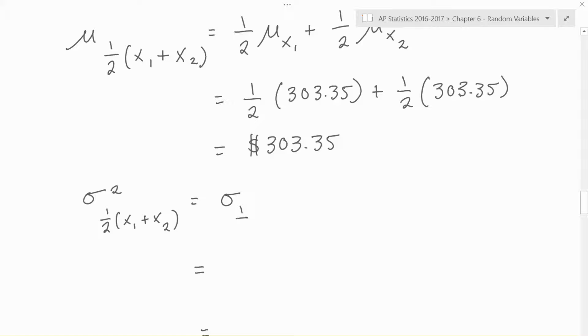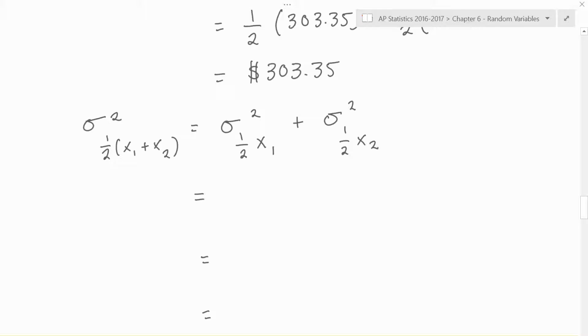So I'm going to rewrite it as the variance of the variable 1/2 (x1 plus x2) is the variance of 1/2 of x1 plus the variance of 1/2 of x2. The other property I'm going to use is the property that tells me what happens to the variance when I multiply each value in the distribution by a constant.